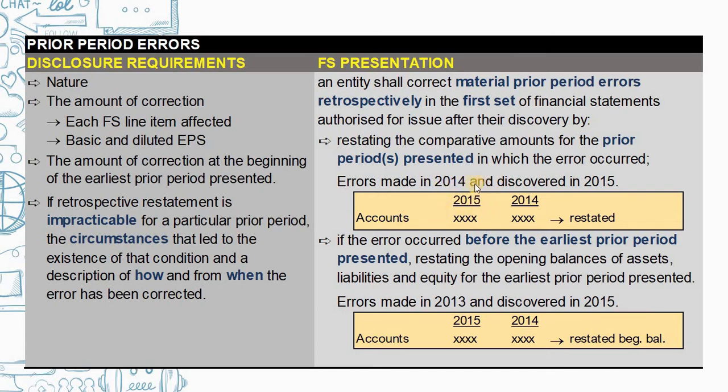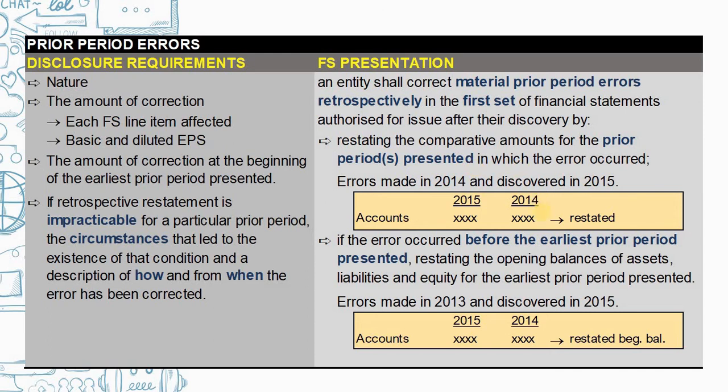Again, 2015 is the first set of financial statements after the discovery of the error, which means that the discovery is in 2015, which is after 2014, the year the error was committed. And since when we prepare the financial statement in 2015, it will be comparative with 2014, it means that the 2014 financial statements is still presented together with the 2015 balances. That is why the 2014 is the prior period presented in the financial statements in 2015.